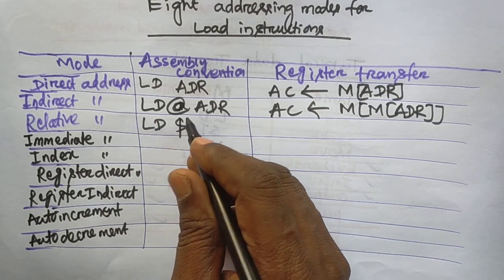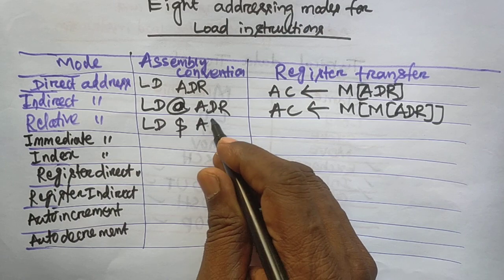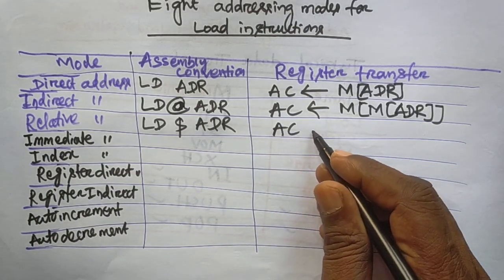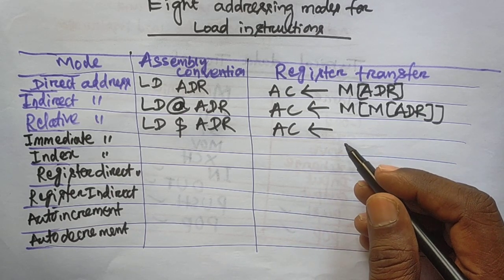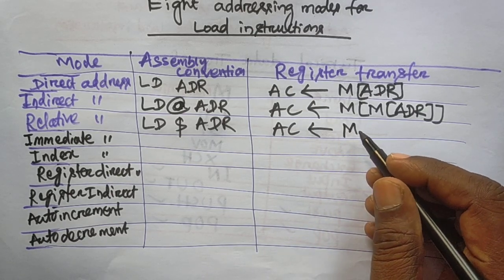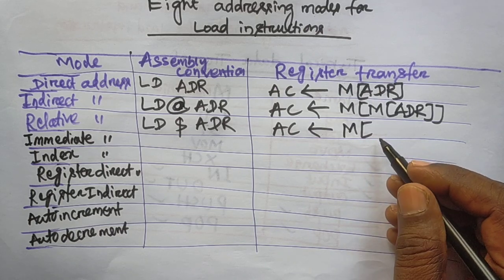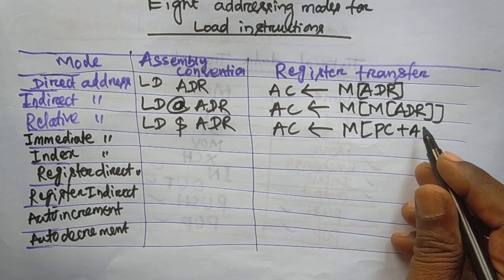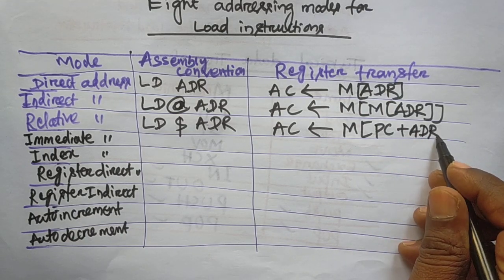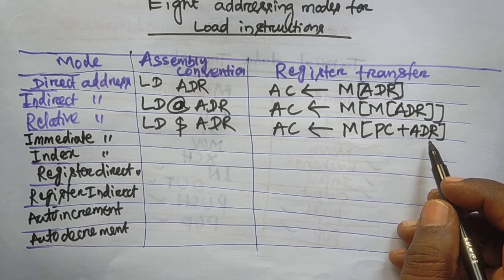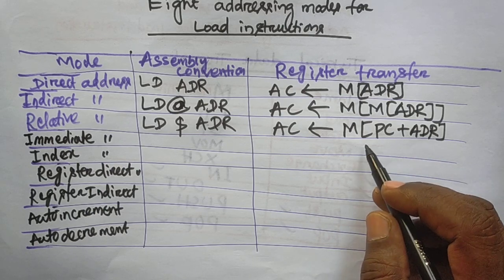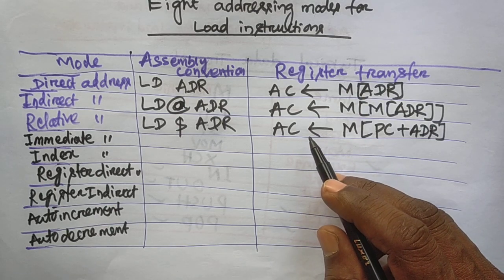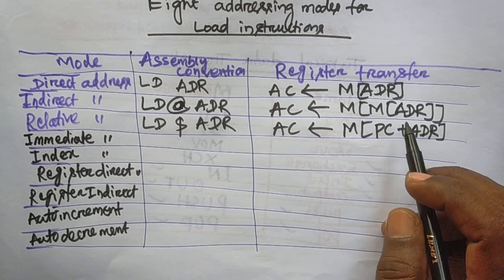So, relative address: load dollar ADR. Here we go relative to the program counter, that is PC plus ADR. PC plus the address data is collected from memory and stored in a register.